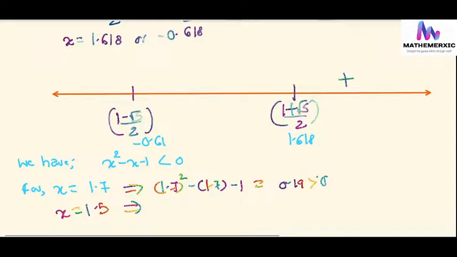Then what will happen? 1.5 whole square minus 1.5 minus 1.